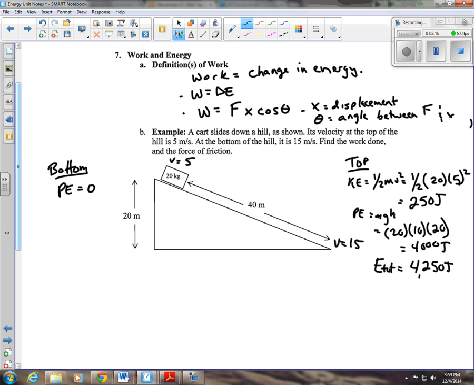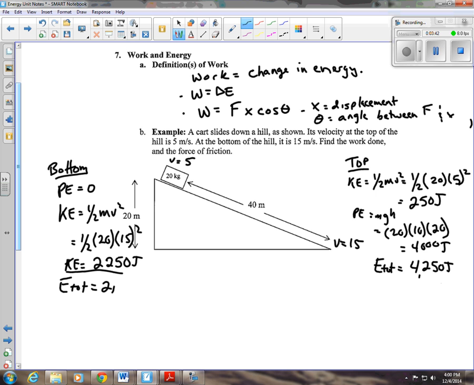Potential energy is 0. At the bottom, the kinetic energy, we're going to use this equation to find. So, mass is 20, and velocity at the bottom is 15. And that's going to give me 2,250 joules of kinetic energy. And then the total, since there's no potential, the total is just equal to kinetic.